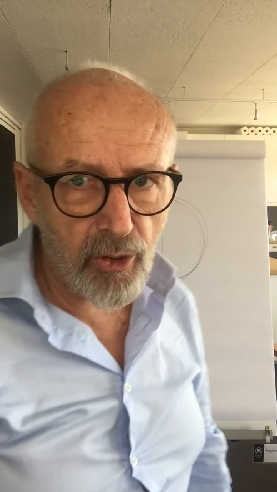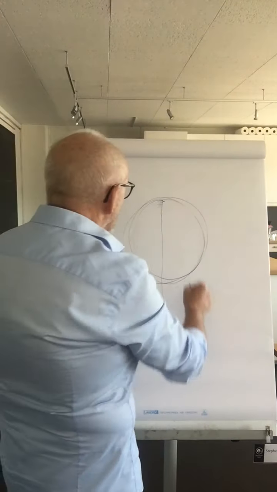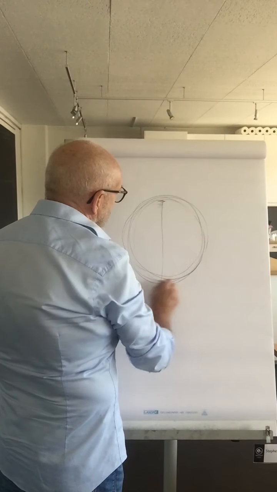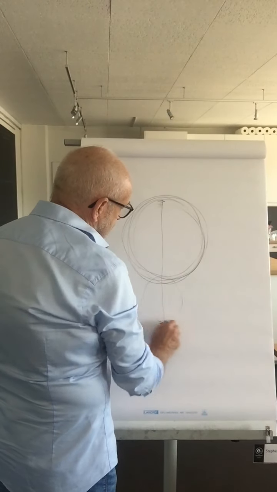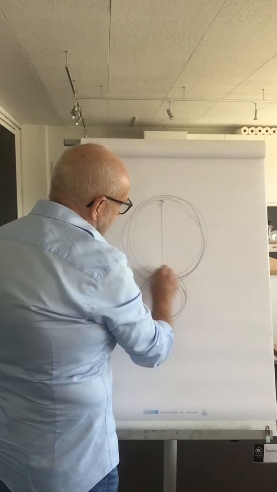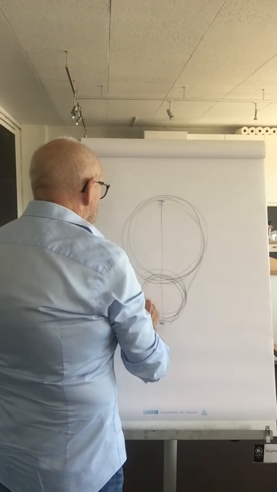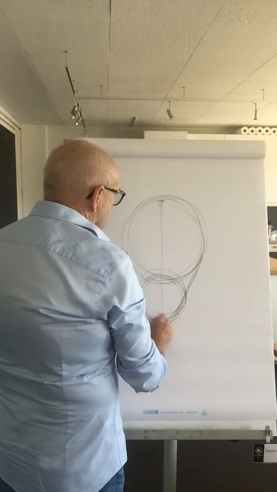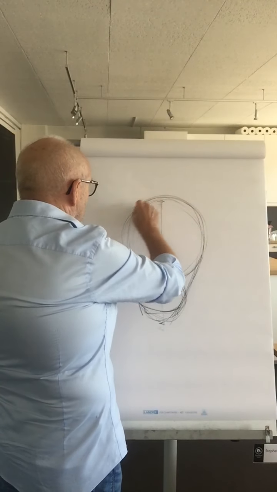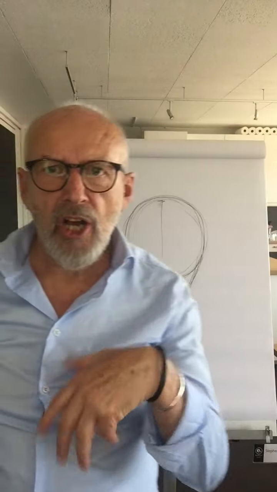When you're looking at the Photoshop stuff and the models, one of the things you might notice is that they tend to be very symmetrical, much more so than you'd find in regular life. So, one circle, a second circle about half the size, join those two, and we've got an approximation of the human head.